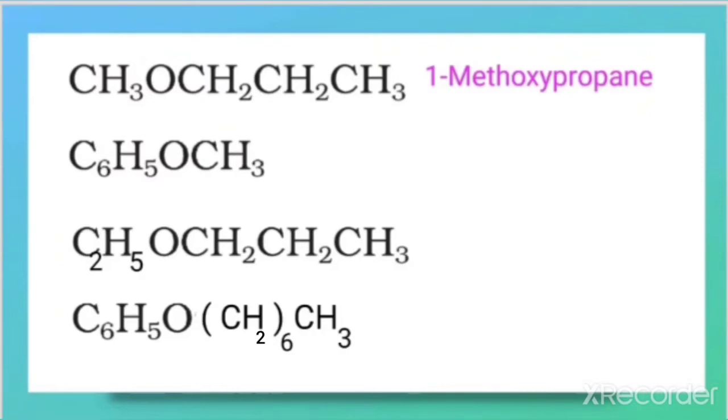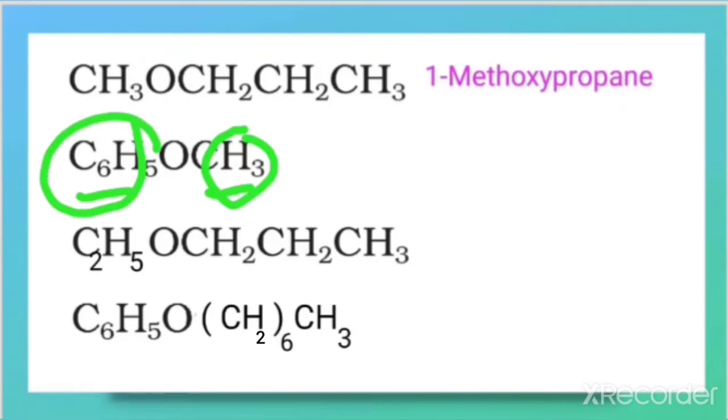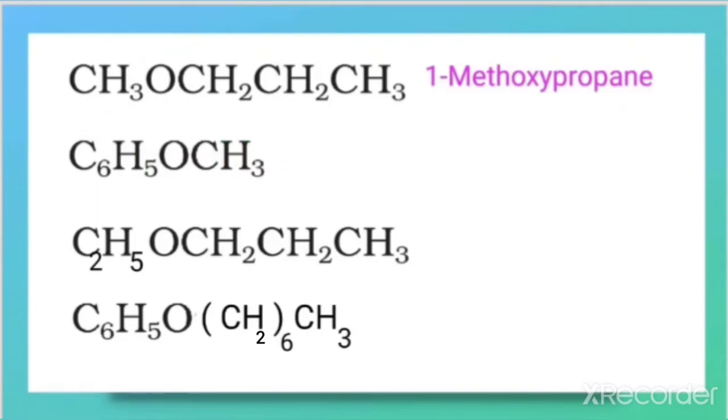In the second structure, the largest group here is C6H5, a 6 carbon group, and this is a 1 carbon group, CH3. So which is the group with the greater number of carbons? That is C6H5.